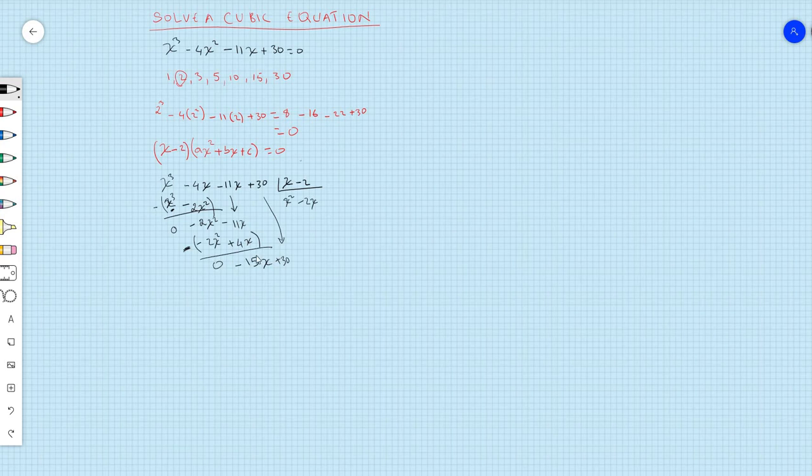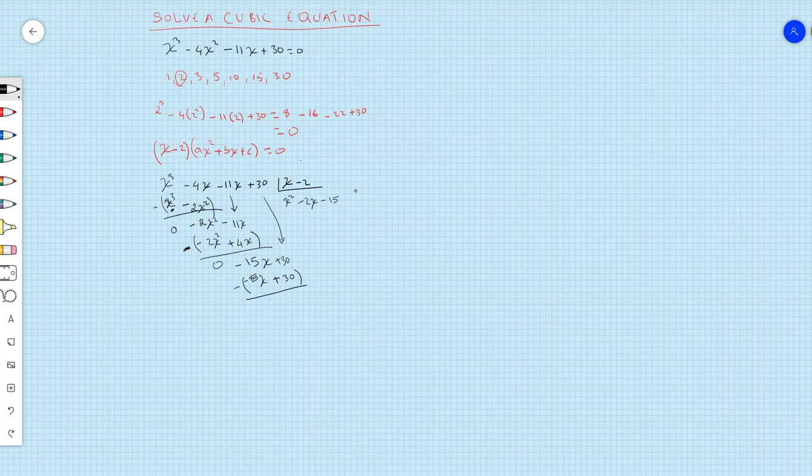So now to eliminate this negative 15x term, you have to multiply this by negative 15, right? So we'll write negative 15 here. So we get negative 15x plus 30.